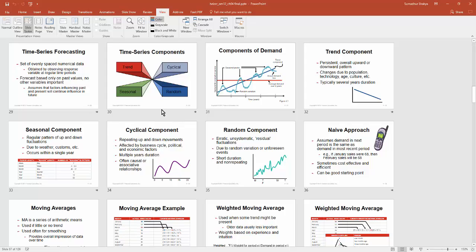A few summaries. Trend happens over longer periods of time. Cyclical happens usually beyond multiple years. Seasonal is usually smaller periods of time within a year. Random is something that does not have a whole lot of pattern attached to it, especially in the short term.